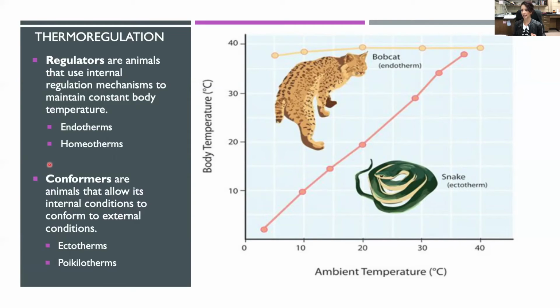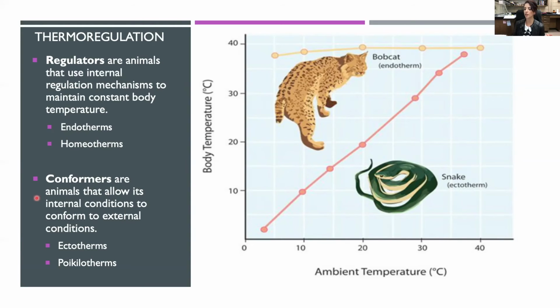By contrast, we have other creatures such as the snake, which are typically called colloquially cold-blooded animals, but those terms are now falling out of favor. Our snake here is called an ectotherm or a conformer. And conformers are animals that allow their internal conditions to conform to external conditions.